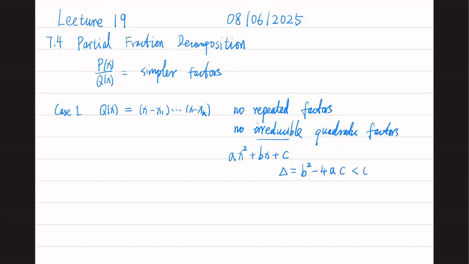The discriminant is negative. In this case, if we set this to be 0, this equation has no real root. So we say it's irreducible. In this case, all the factors are different, and there's no irreducible quadratic factor. We can set up the decomposition.